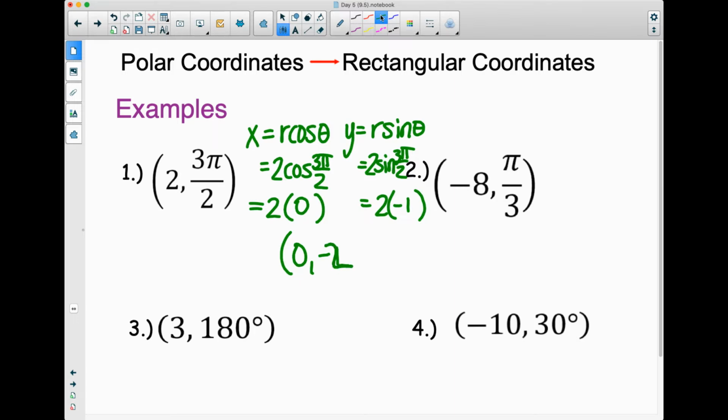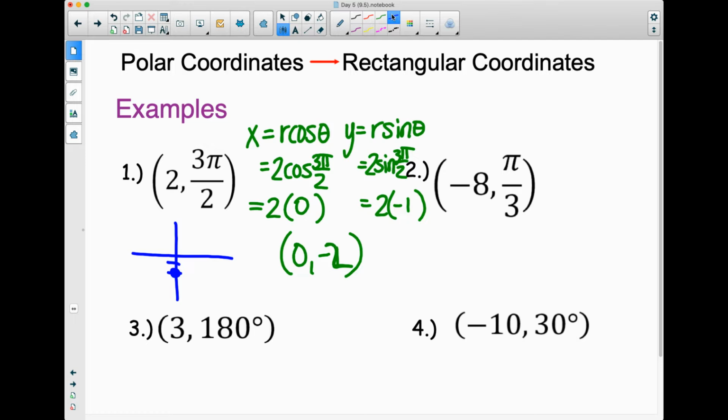So we just use x equals r cosine theta and y equals r sine theta. Now, in this particular case, we could have saved all that time and plotted that point, gone to 3 pi over 2 and done a radius of 2.